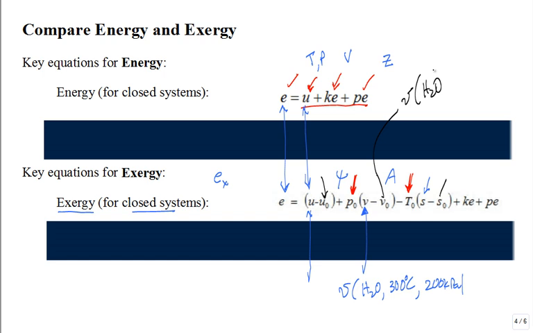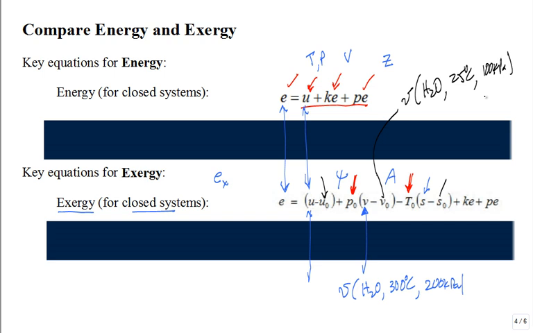Oh, that was my substance. Not at 300 degrees C, but 25 degrees C. Not a pressure of 200 kilopascal, but 100 kilopascal. See that? That's what V naught is. My same substance evaluated at the dead state condition of T naught and P naught.